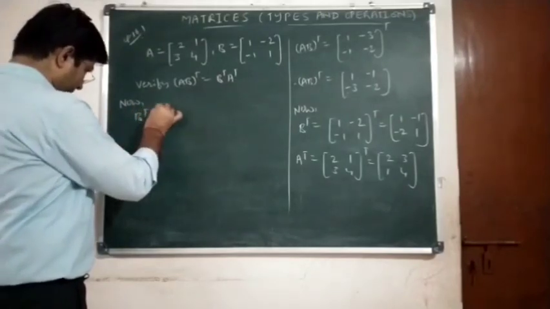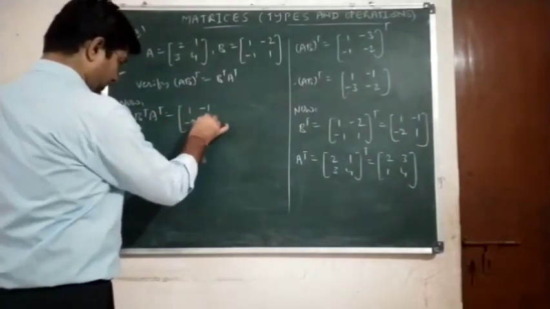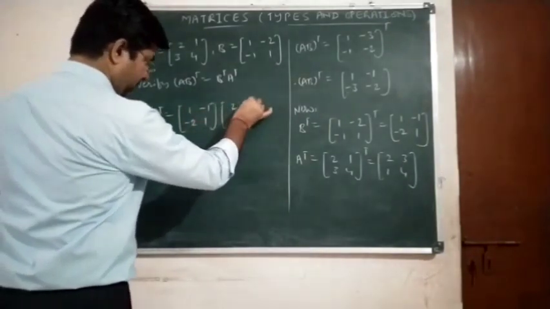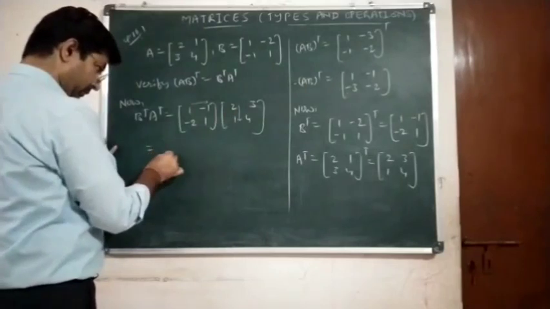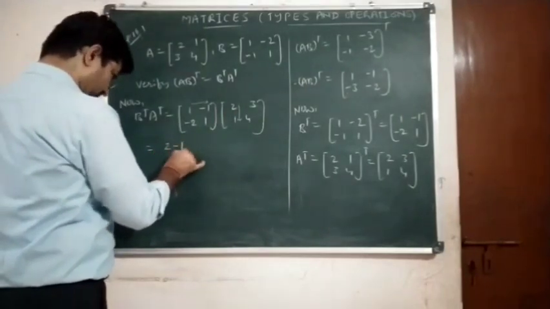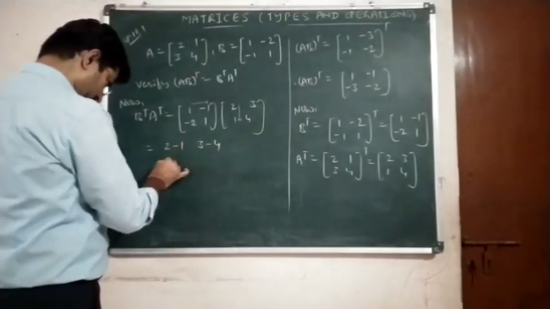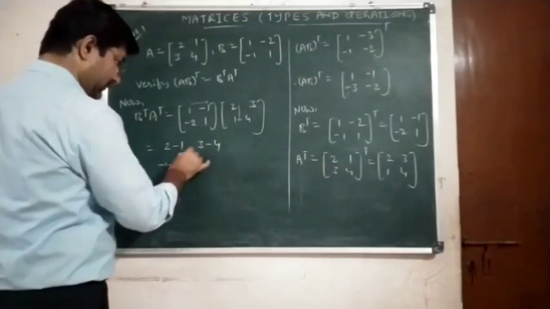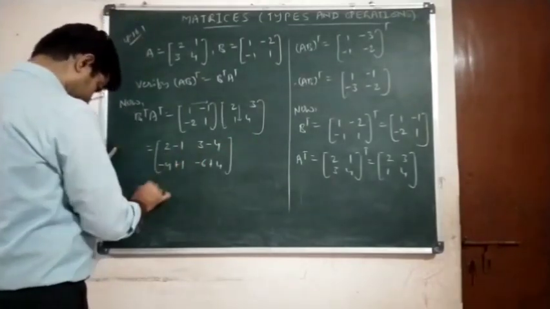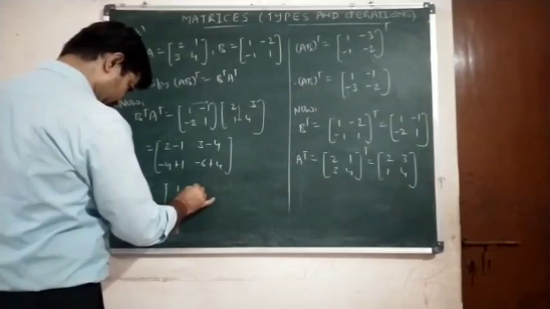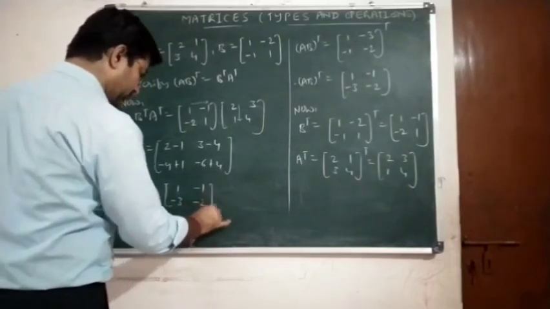B transpose into A transpose is equal to [1 -1 -2 1] into [2 3 1 4]. Now let us multiply row into column. 1 2s are 2, minus 1; 1 3s are 3, minus 4; 2 minus 2 into 2 minus 4 plus 1; 1s are 1, minus 6 plus 4, which is equal to [1 -1 -3 -2].